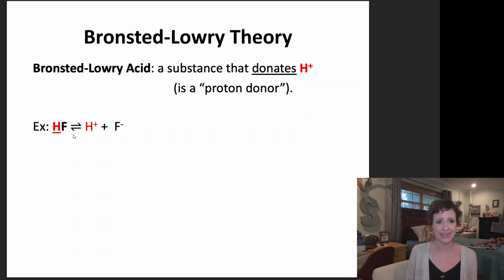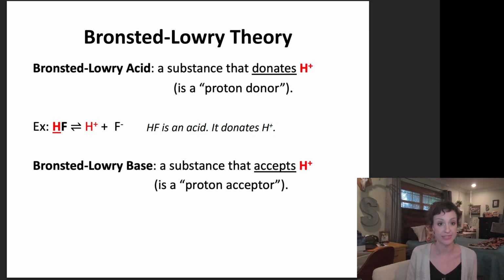When it dissociates, even if it's a little bit, it is donating or giving up its hydrogen ion. So that is an example of a Bronsted-Lowry acid. It's also an example of an Arrhenius acid. So sometimes there's some overlap here, okay? Hydrofluoric acid is an acid, and we see that because it is donating H+.